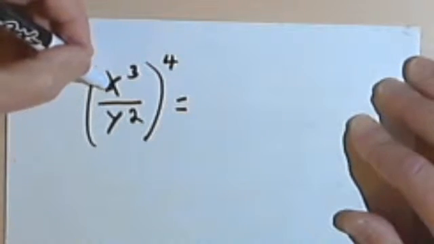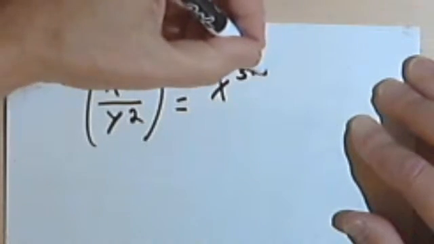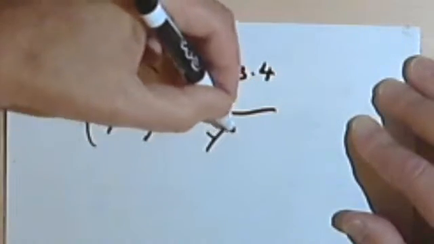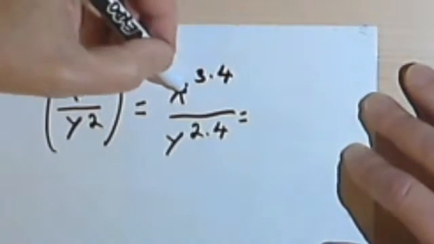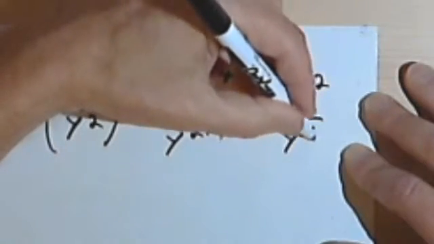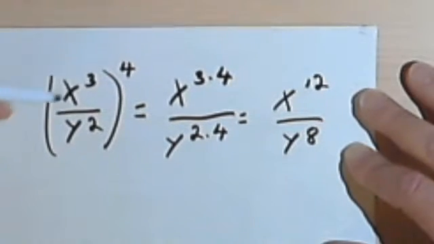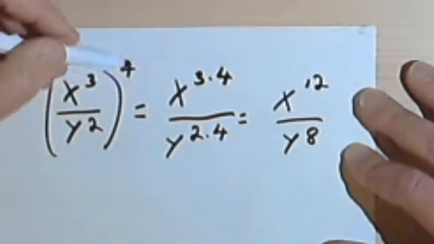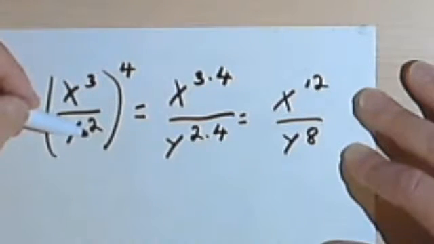So this is going to give us x to the 3 times 4, I'll do this in 2 steps, over y to the 2 times 4. And then I'm just going to multiply these out. I'll get x to the 12th over y to the 8th. So just like with multiplication, if we have division, we still take this outside exponent and distribute it to each of the exponents inside the parentheses.